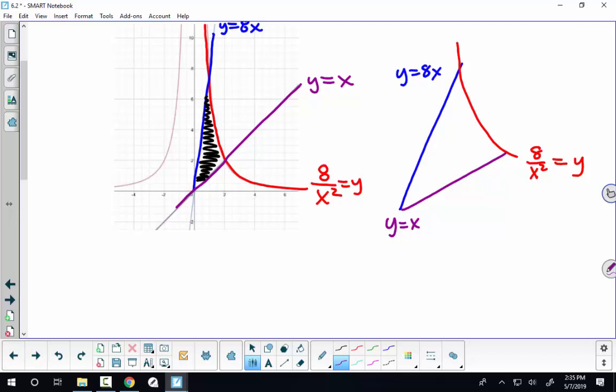So really, I guess the first piece is just identify what you're finding the area of. Then if we're integrating with respect to x, we have to ask ourselves, if I fill this region up with these rectangles, does the top minus the bottom ever change?